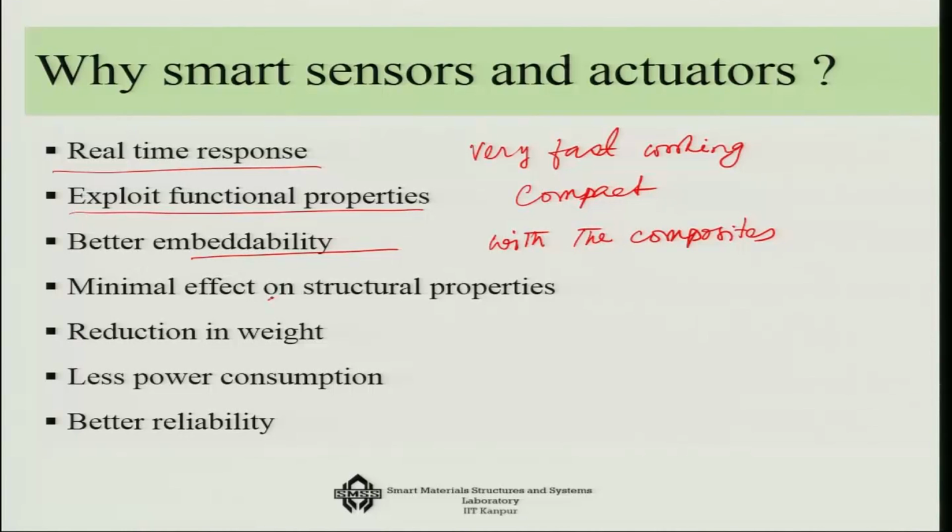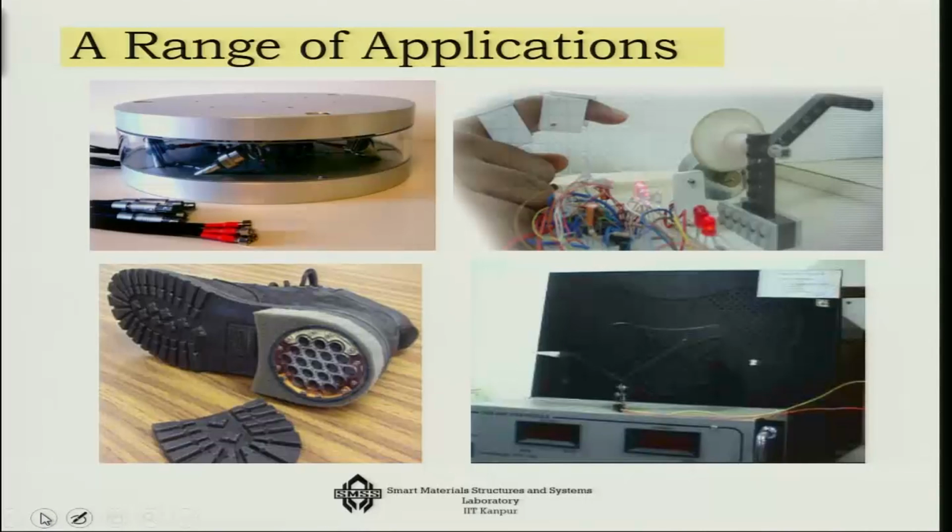It has minimum effect on structural properties. Some smart materials are quite good in terms of their structural properties. Reduction in weight, of course, less power consumption, and better reliability. So these are all the driving factors why smart materials are increasingly being used for developing sensors and actuators.